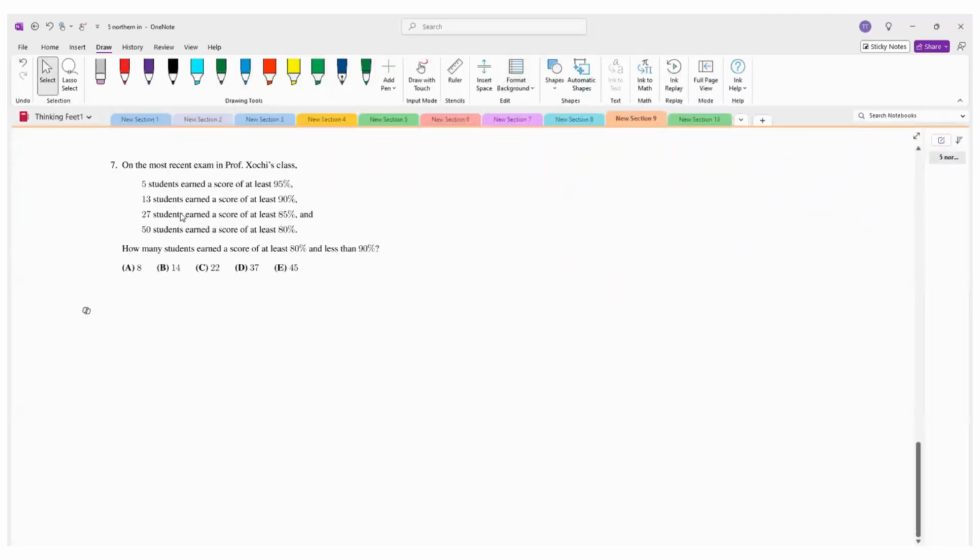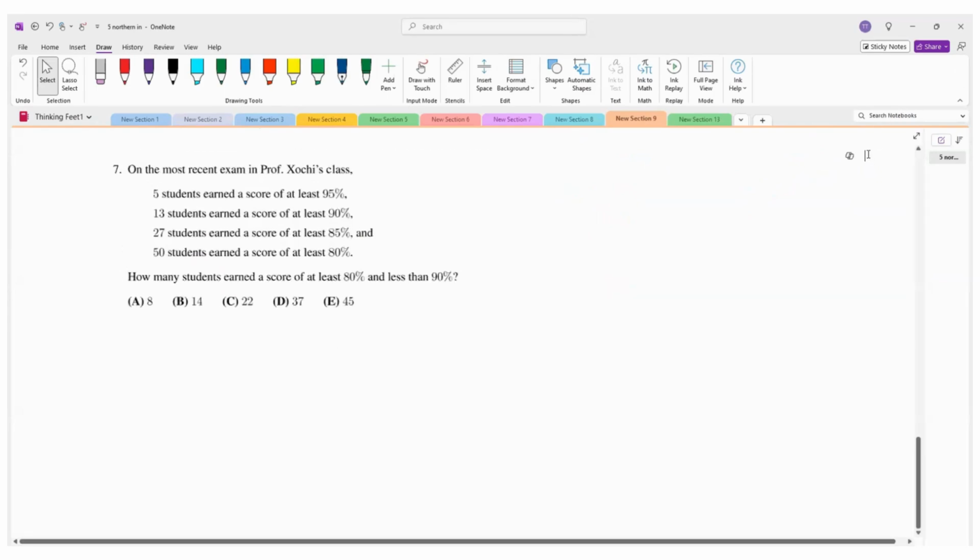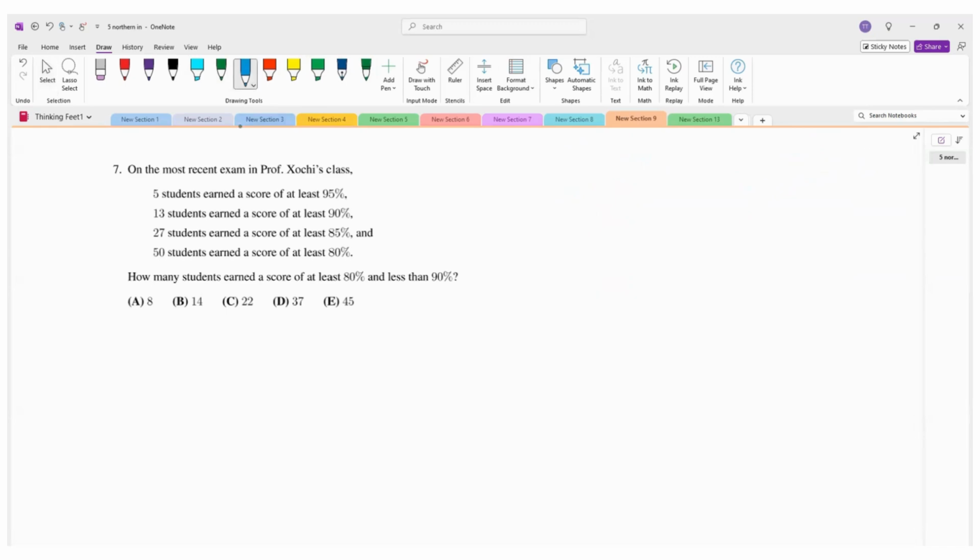All right, let's go to question 7. On the most recent exam in that professor's class, 5 students earned a score of at least 95%, 13 earned a score of at least 90%, and so on. What you can imagine is the 13 students who earned at least 90 includes these 5. Now the question: how many students earned a score of at least 80% and less than 90?